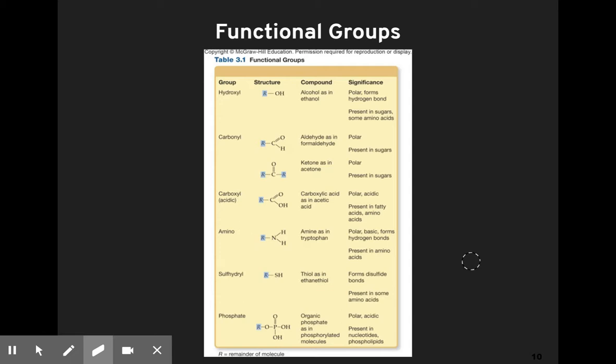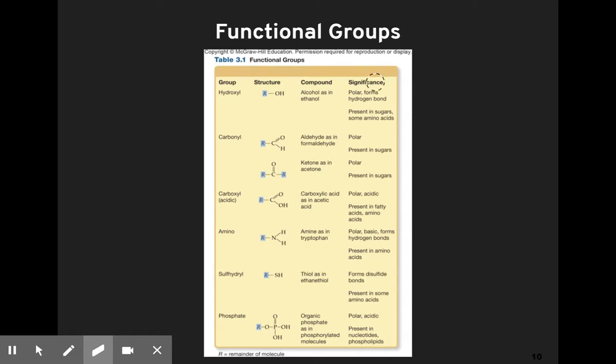So I would recommend just taking the names of these and knowing generally what you could even just say for this one, making sure that you know that there's an oxygen here, the carbonyl group, that you're going to be able to identify the name of it, what the group is, and then generally what behavior it has.